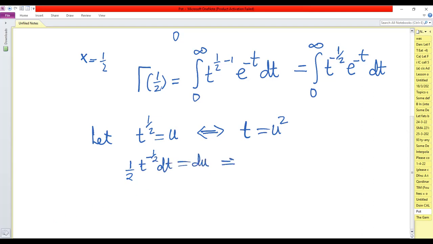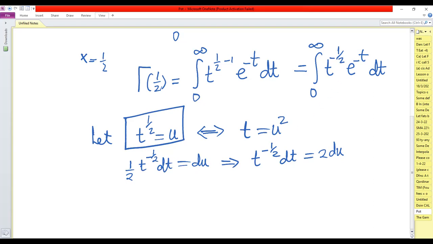Which means that t raised to power negative a half dt is given by 2 du. So you see, this choice of u has enabled me to get expressions that I can easily replace into the original integral and change the integral to be pure in terms of this new variable u.